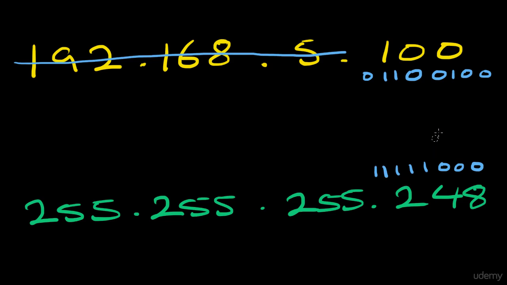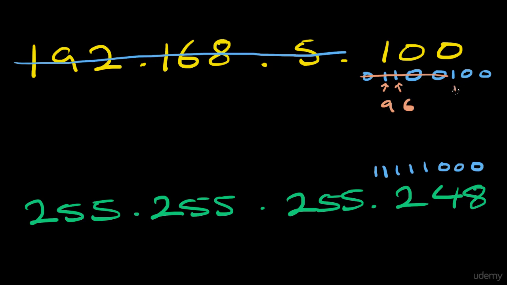These 5 ones are covering these 5 bits, 1, 2, 3, 4, 5. What number do we have here? This is 64, and this is 32. 64 plus 32 is 96. These last 3 bits are being left uncovered.